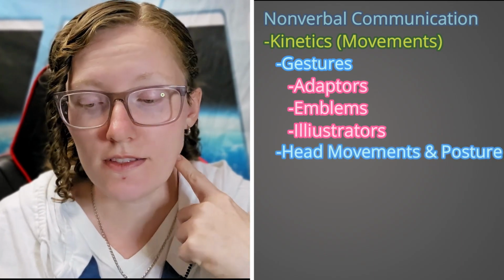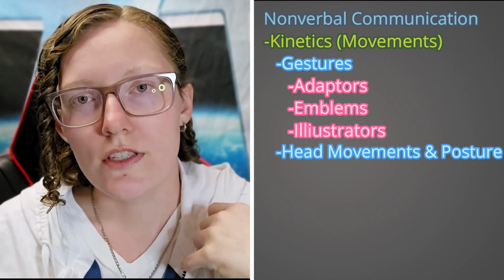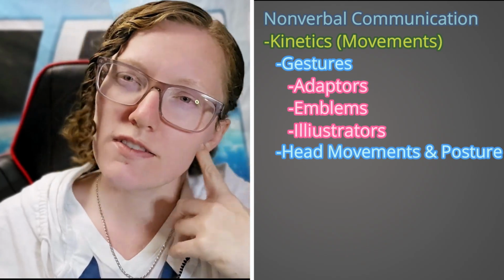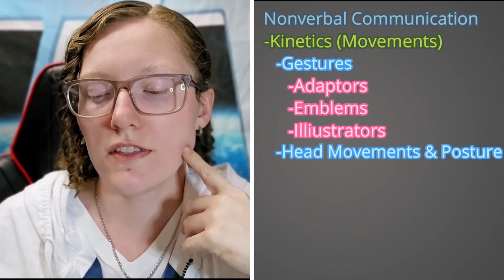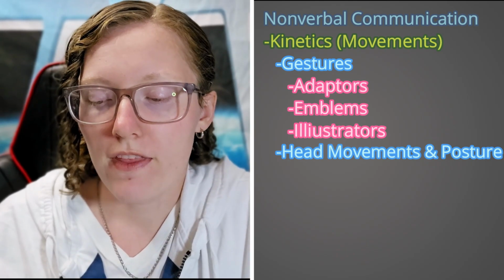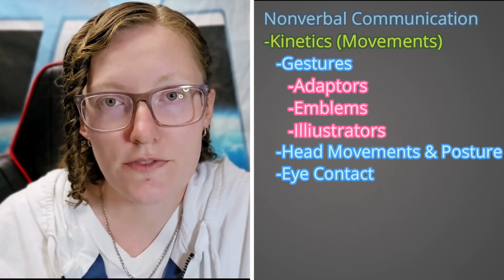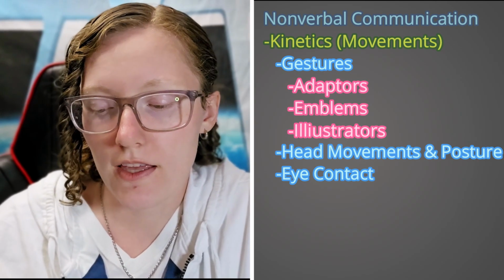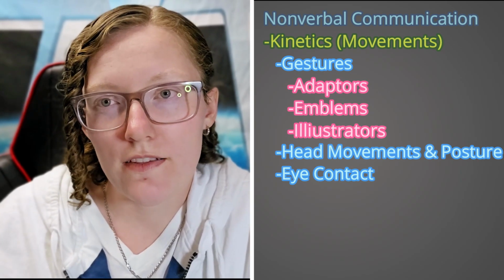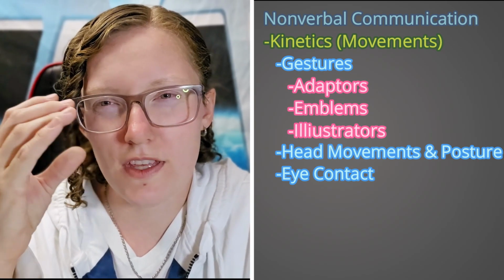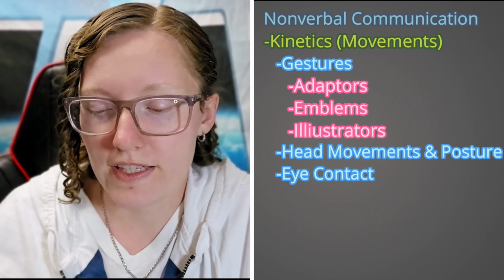Our head movements and our posture, we can slouch, we can shake our head, we can tilt our head. These things communicate stuff as well, confusion, agreement, whatever. Eye contact is significantly different depending on the culture, but begging eyes, flirty eyes, we can do all sorts of things with just our eyes, and people know what we're feeling.